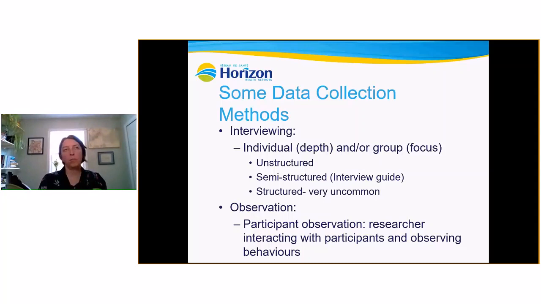But a lot more common in qualitative research is actually participant observation, where the researcher themselves is in the situation with the participant, but there needs to be a recognition that that is the case. So the researcher is reflexive. You're there, you're interacting, you might be asking questions.